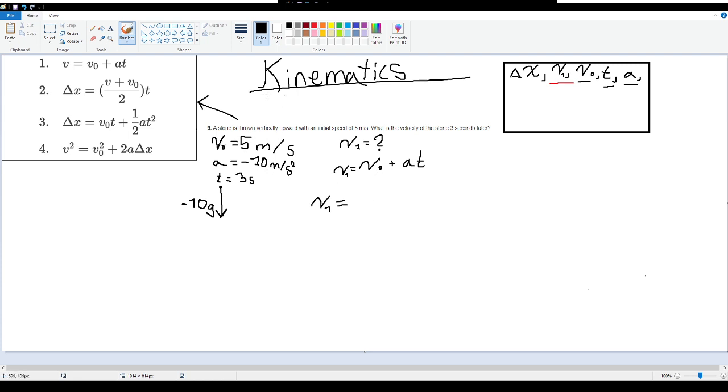Remember we set upwards as our positive direction, so this would be a positive 5 plus we have an acceleration of -10 and a time of 3. So, in 3 seconds, we are looking at a velocity of -25 meters per second.